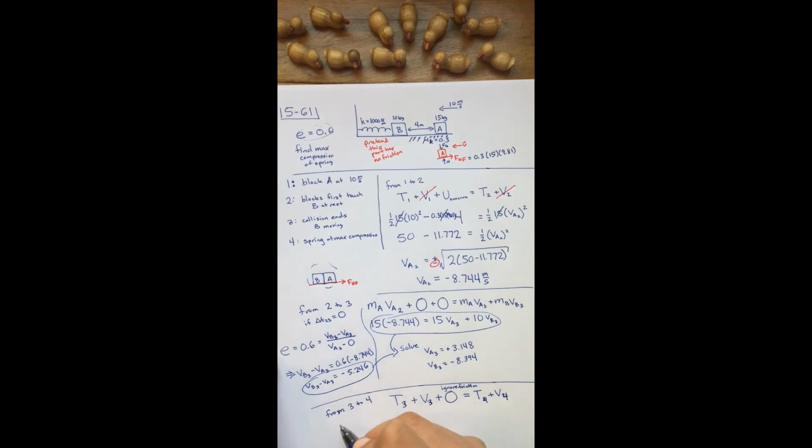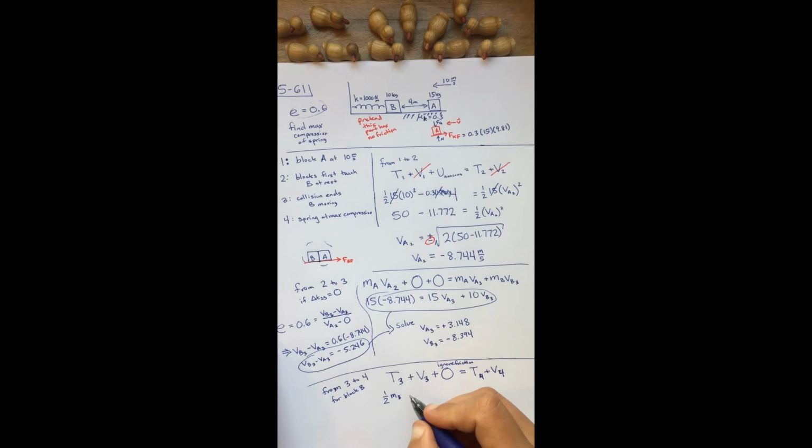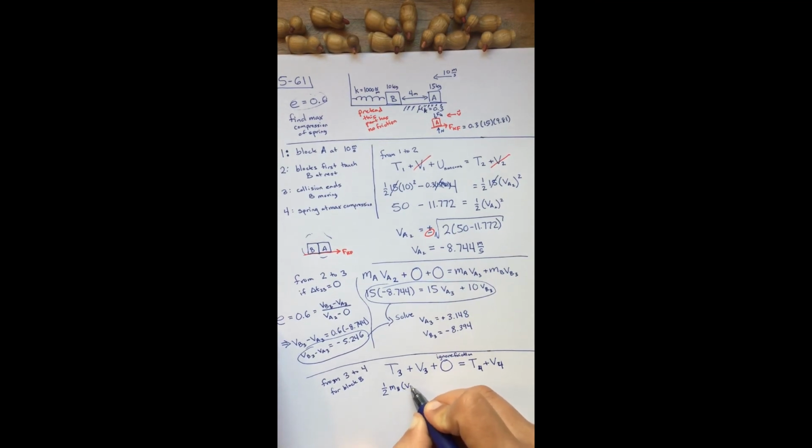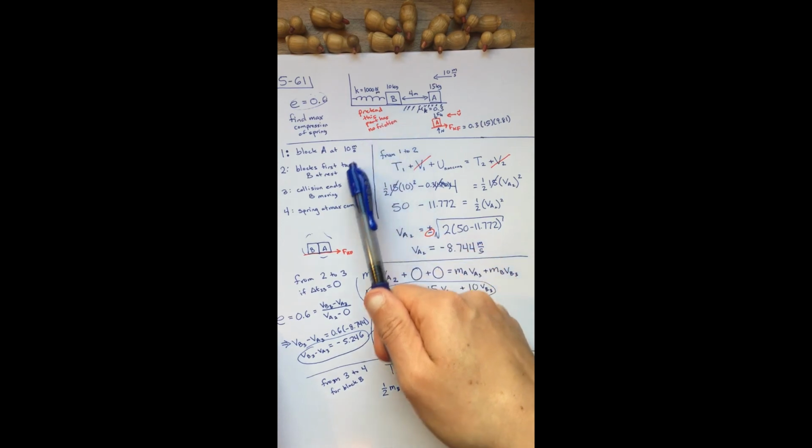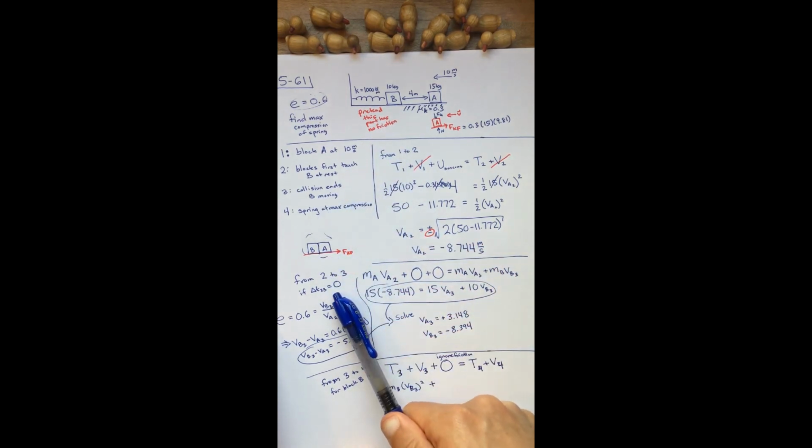And we're just looking at block B. So this is 1/2 the mass of block B times VB3 squared plus, if the spring didn't compress at all when the collision ended, which would be true if the collision takes place over a time interval which is 0, then the elastic potential energy is 0 here.